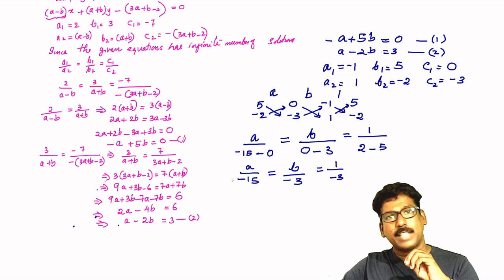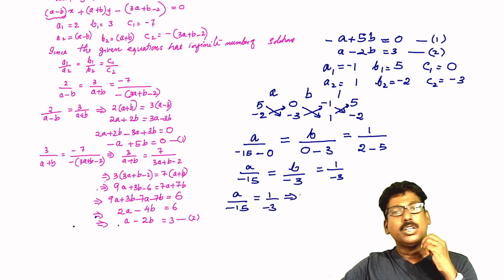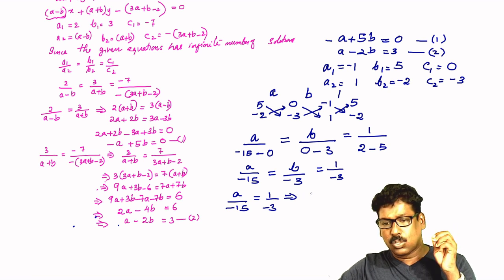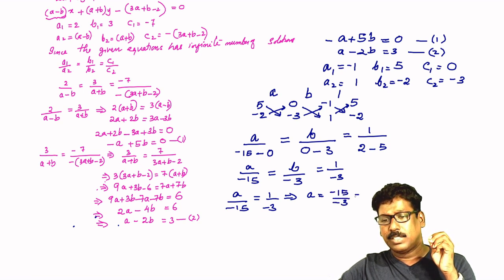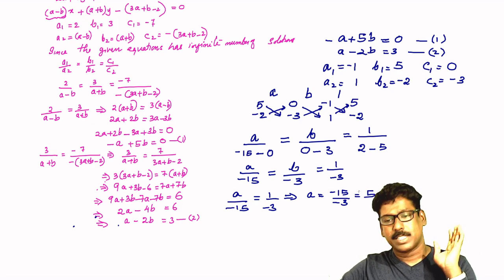Now take the first and second ratio. You get a by negative 15 is equal to 1 by negative 3, which implies, transposing negative 15 to the other side, a is equal to 1 into negative 15, which is negative 15, by negative 3, which is equal to 5. The negatives cancel, and 3 times 5 is 15.